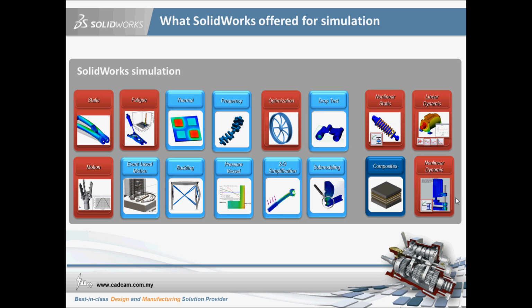The feature that most engineers and designers like the most is optimization. Let's say you have a design, and the software will automatically optimize the design based on your needs and requirements within the spec that you're given.